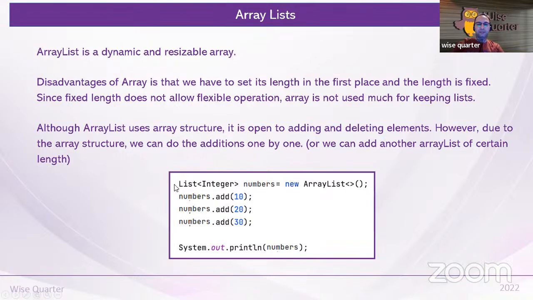an array list. The data type will be list. It will have integers like this, for example. This will be the name numbers, and after that you need to write new array list like this. The critical point: data type should always be non-primitive.